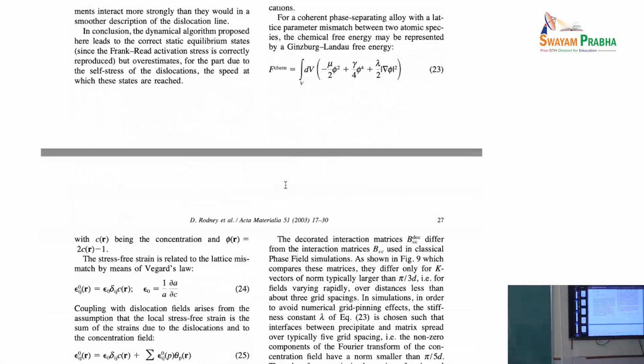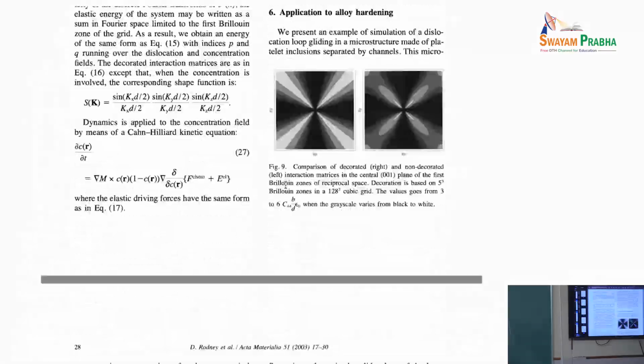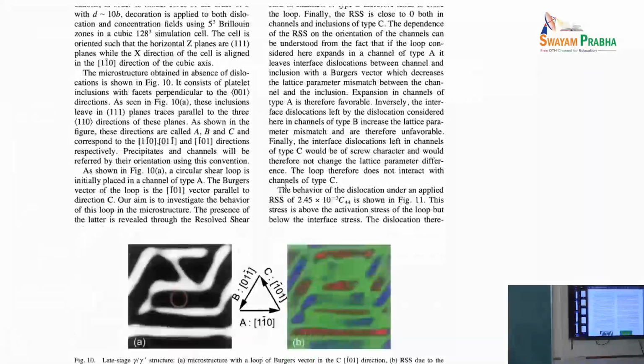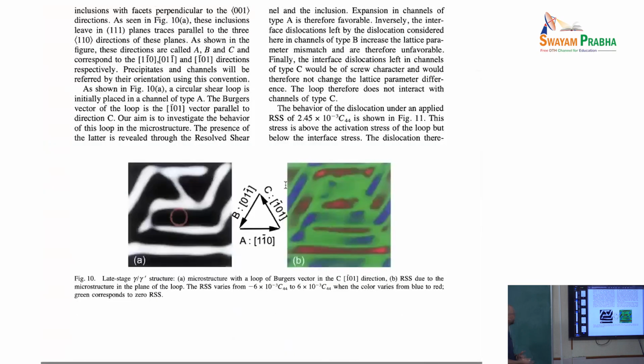What is nice is that once we have the dislocations in place, we can mix different fields. We can have a field that represents the dislocation, and another field with another eigenstrain that represents a second phase, precipitates. Then we can look at the elastic interaction of that dislocation loop with the precipitates within a single framework.